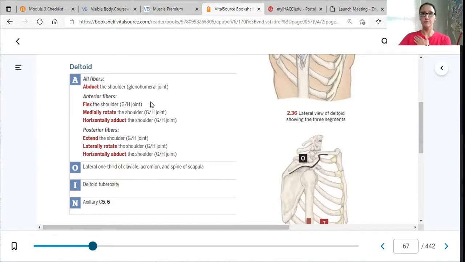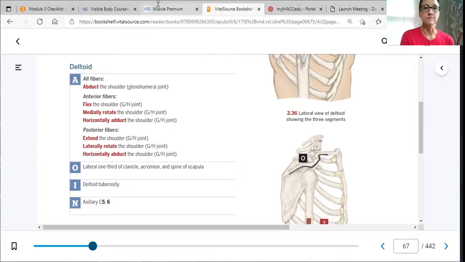Anterior deltoid flexes, medially rotates, and horizontally adducts the shoulder. Remember, to adduct is to move closer to the midline, to bring a limb closer to the midline. So we have adduction in a horizontal plane. So again, we have flexion, medial rotation, horizontal adduction.